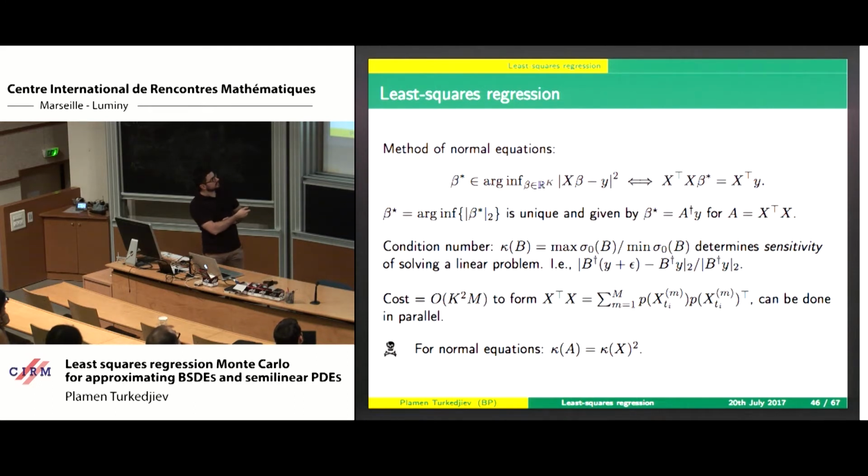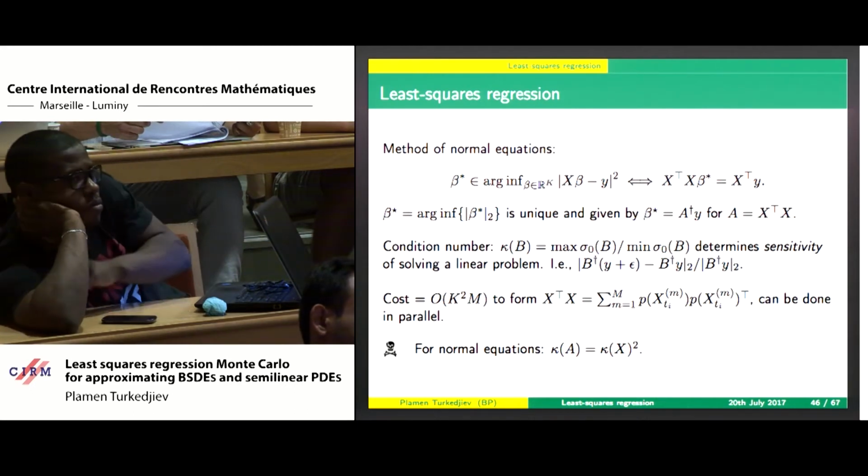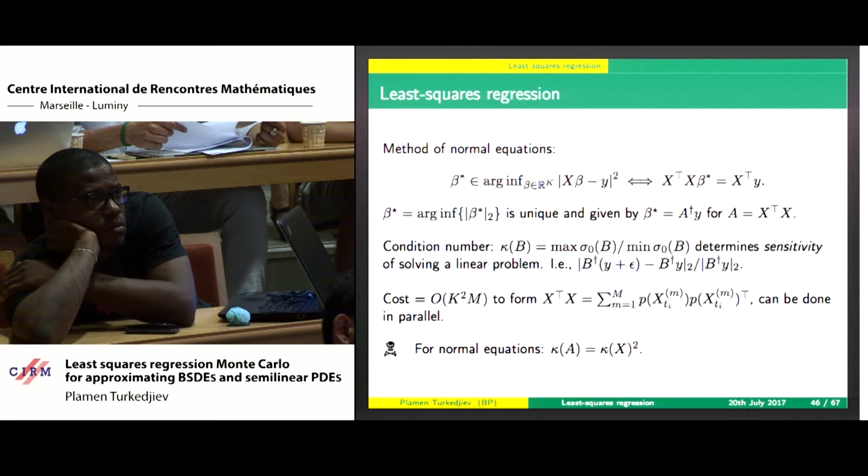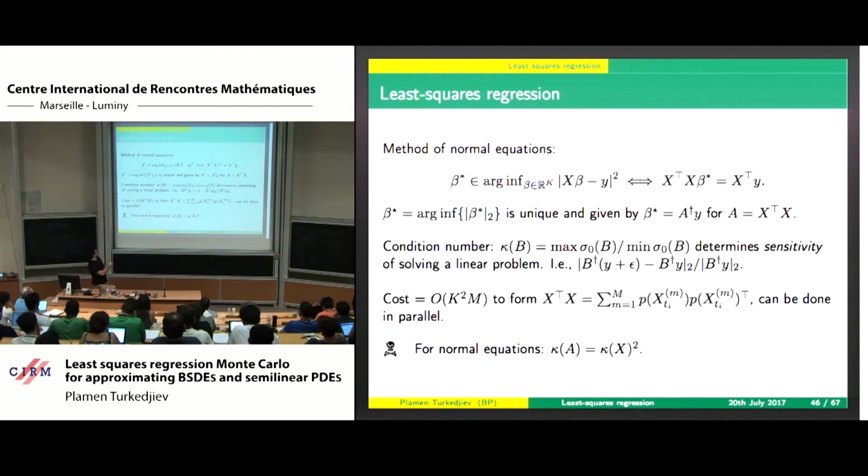Now, what we can do is take this matrix product here and take its pseudo inverse. That gives us beta star, the minimizer with the smallest L2 norm, given by the pseudo inverse of X transposed X times X transposed y. So that's the solution to that.